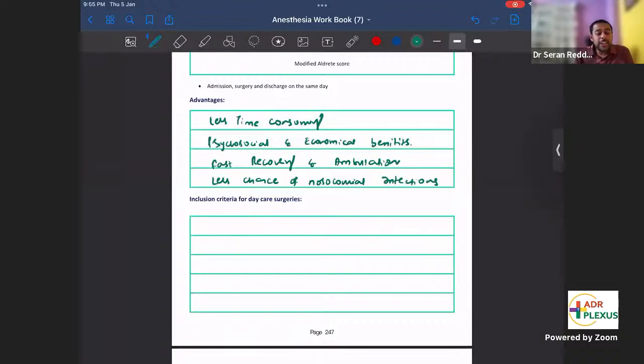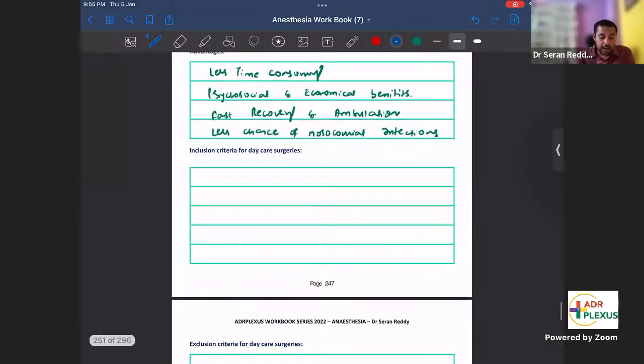So, can all the patients be operated? No, for daycare surgeries there is a certain criteria. What is the inclusion criteria? ASA 1 and 2 patients, with less severe comorbidities. And this is important: there should be a responsible adult at home. Don't ignore this point.